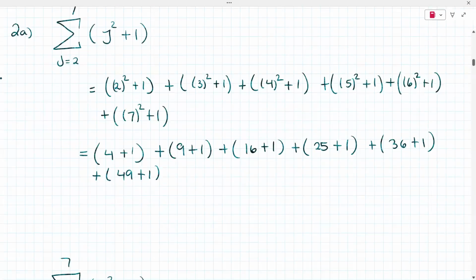When you simplify that, it is going to be 5, 10, 17, 26, 37, and 50. And that gives you 145.